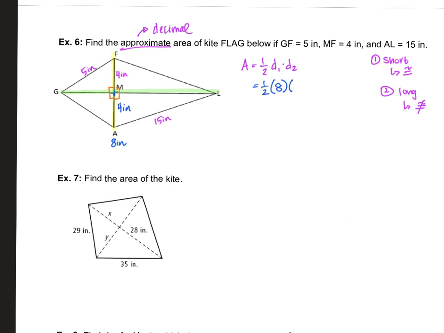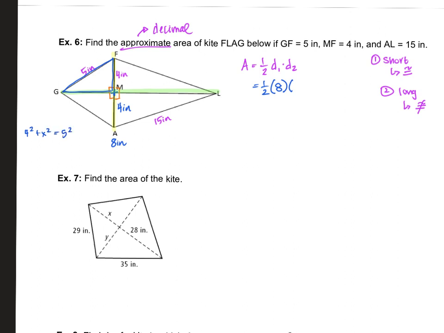Let's take a look at this triangle here. I'm given 2 sides and essentially asked to find the third. So I could use the Pythagorean theorem. So I could do 4 squared plus that unknown side squared equals 5 squared.